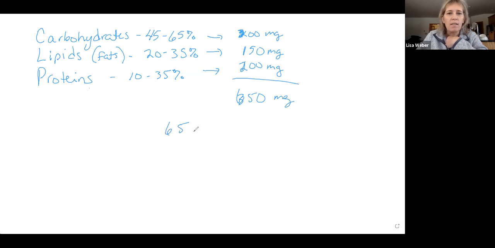Then you're looking to see, for carbs, you had 300 milligrams out of 650. So calculate that on your calculator. 300 divided by 650, that means you had 46%. So that was 46% of carbohydrates. And then your lipids were 150 milligrams. So that was 34%.